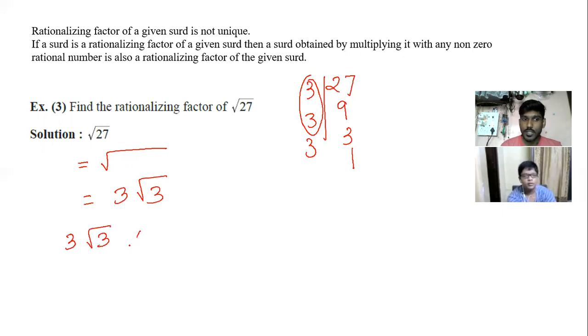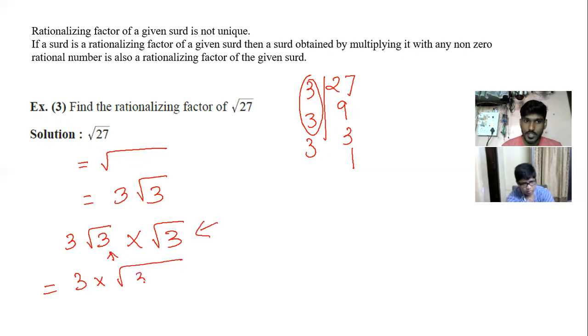Now, if you multiply 3 root 3 with root 3, what will you get? Can you tell me? Now, this is in the root sign and this is also in the root sign. Take it common. 3 into the root of 3 into 3, that is 3 into root 9.